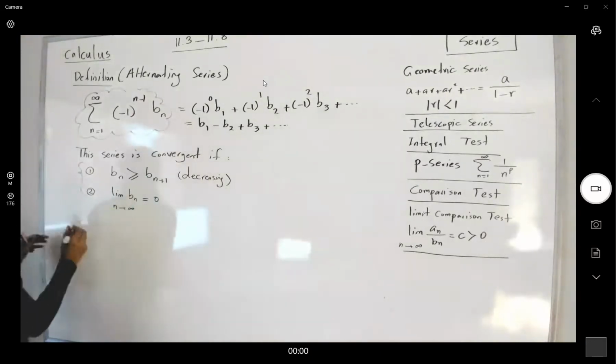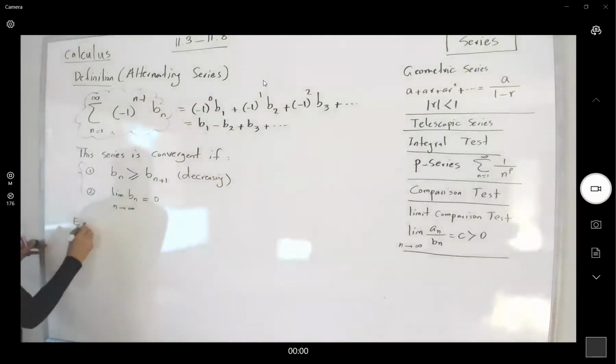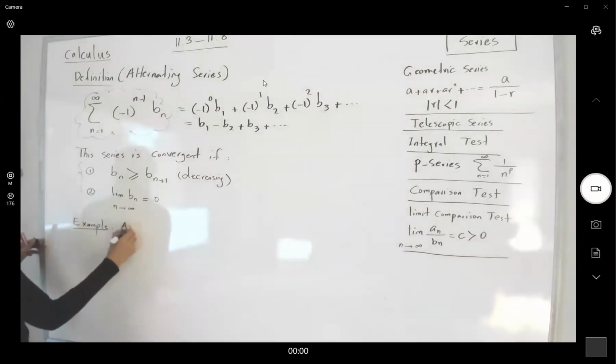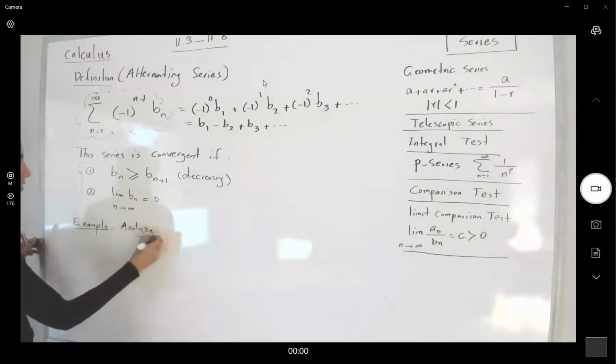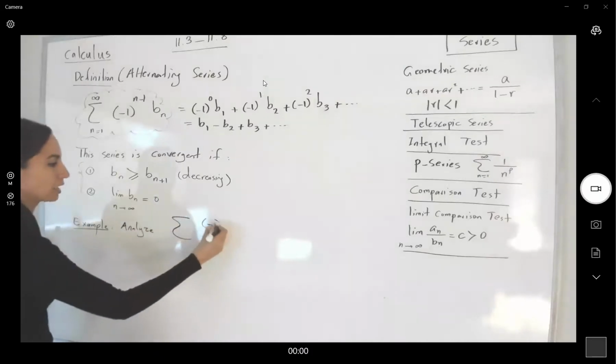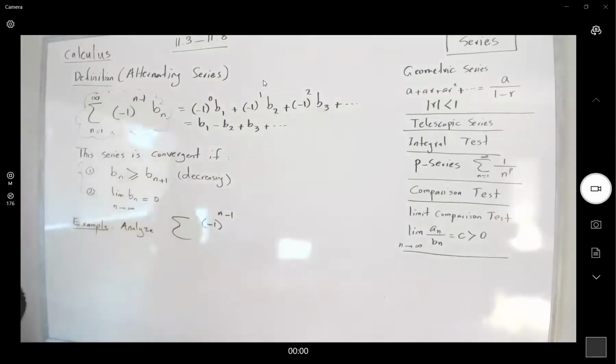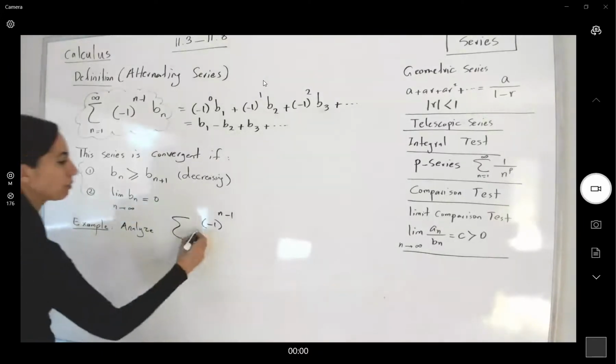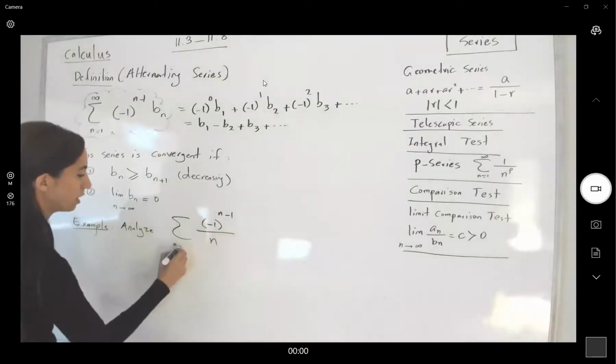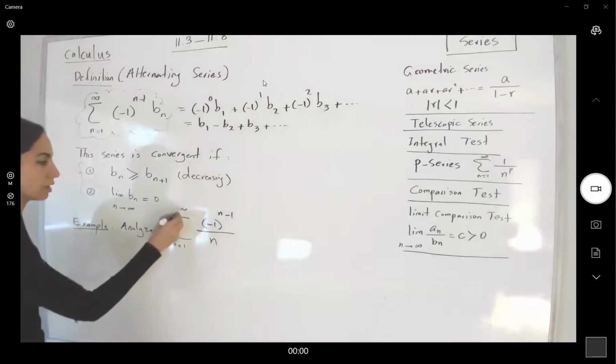For example, give us an example. This is too abstract. Analyze this series: -1 raised to n minus 1 divided by n, n starts from 1, goes to infinity.